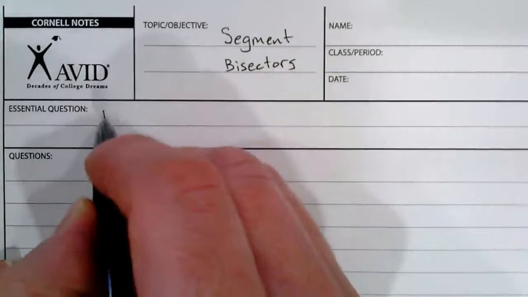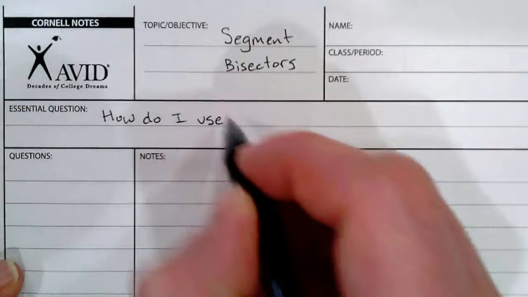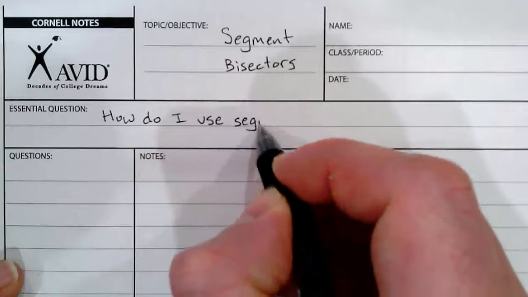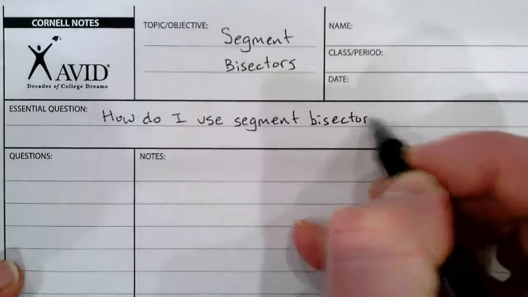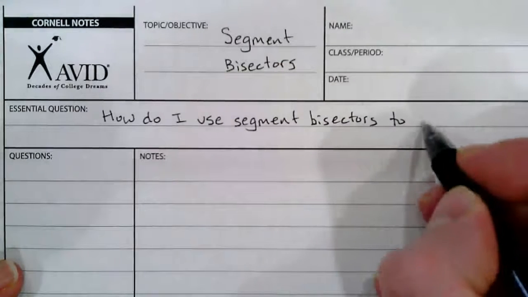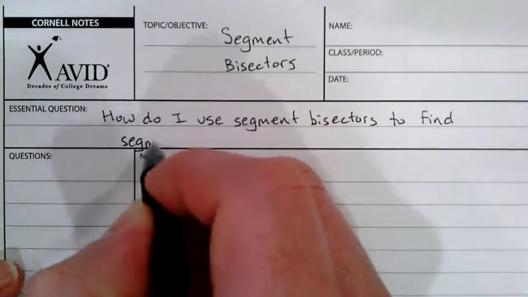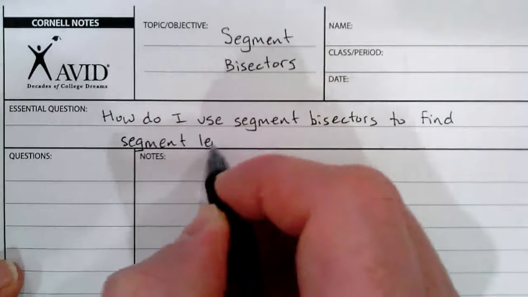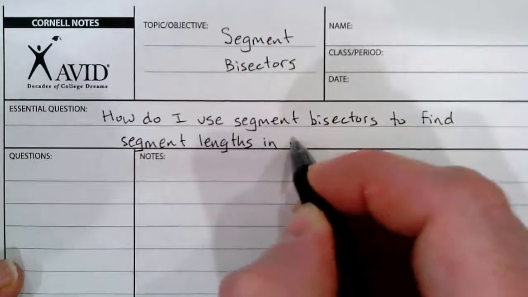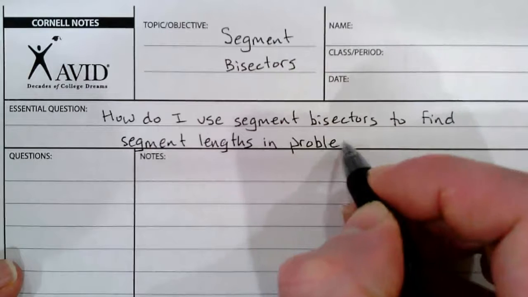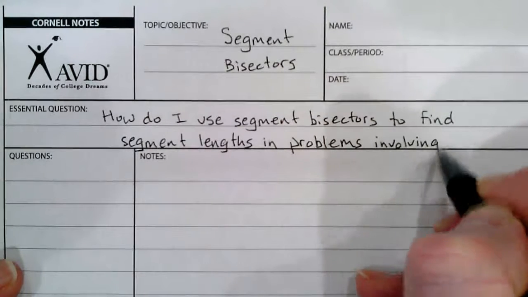Our question here is, how do I use segment bisectors to find segment lengths in problems involving variables?